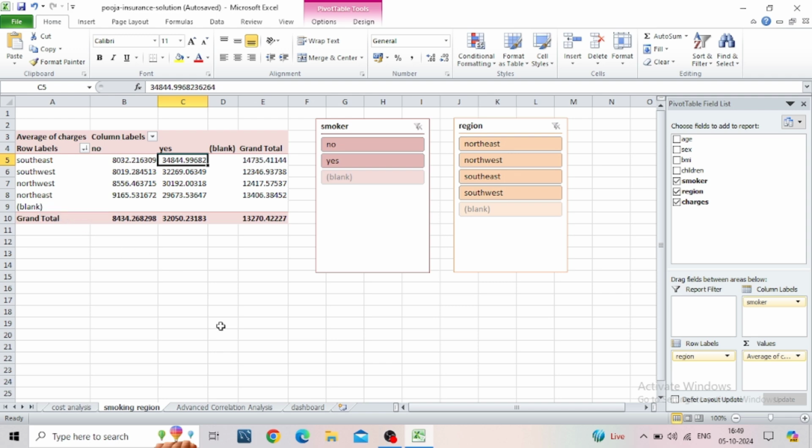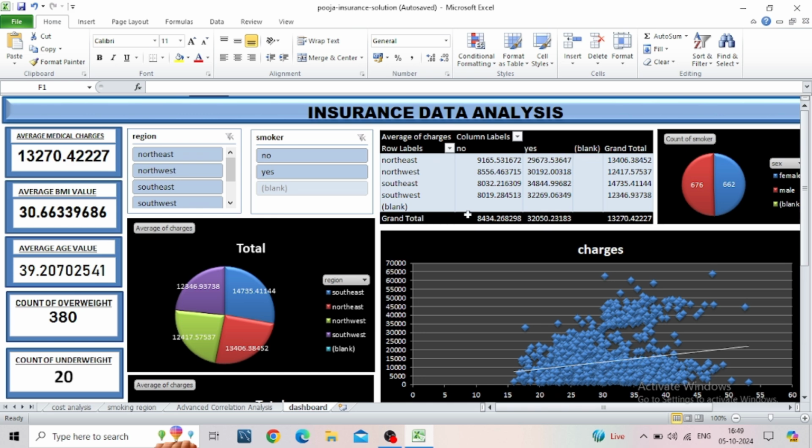So let's move on to our dashboard. To wrap everything up, I created a dashboard that presents the key findings in an interactive and visual format.